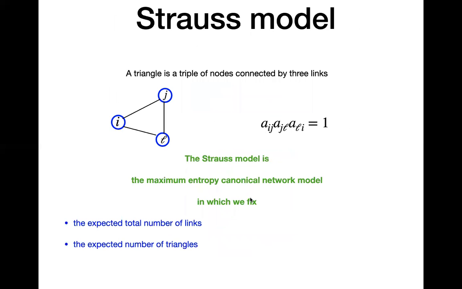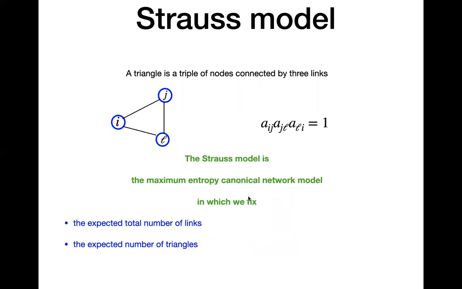So this is quite significant, but the two-star model is actually the easier model with nonlinear constraints. A more complicated model, which is actually very interesting and fascinating, because it is something you really want to do in a number of cases, is the Strauss model, in which you also constrain the number of triangles.